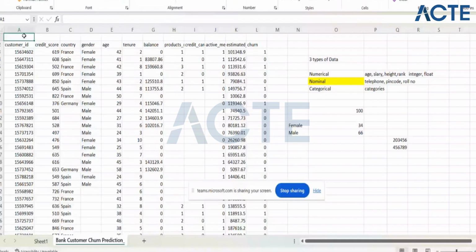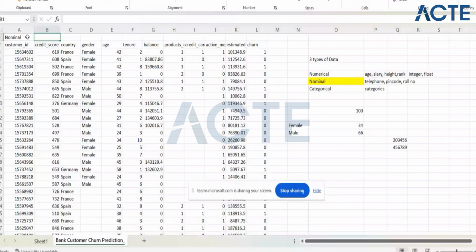Okay, now we start from the first column, column A. You tell me. Sir, customer ID is nominal. Correct. And credit score is numerical. Country is categorical. Very good.